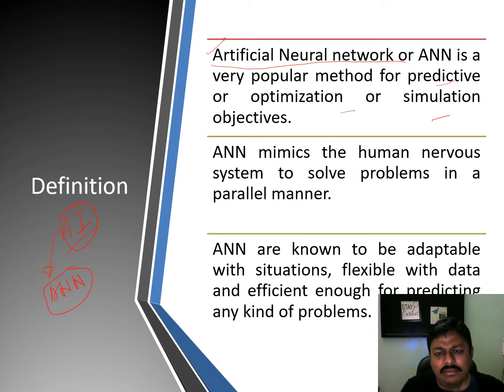And ANN actually mimics the human nervous system, and it solves problems in a parallel manner. So how does it mimic the nervous system? Take the example of a baby. Whenever the baby touches a heated object, he senses immense pain due to the heat.